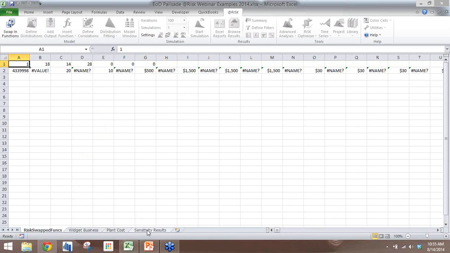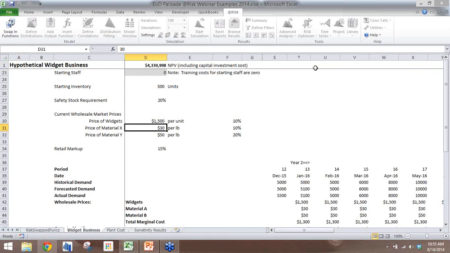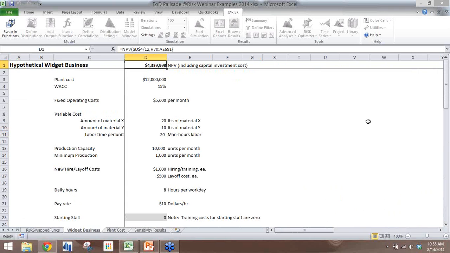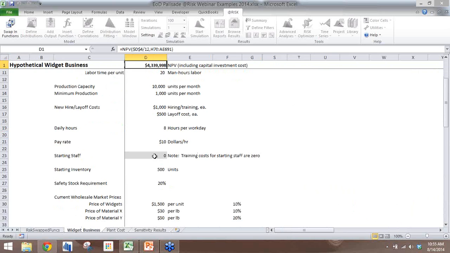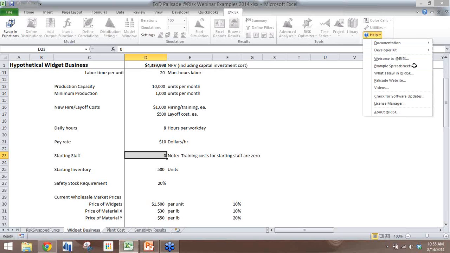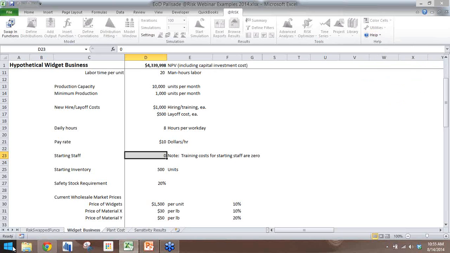And it then deactivates @RISK. So I'm back here at my $4.3 million. When we optimize, we're going to do it against this particular variable here, the starting staff of my manufacturing plant. What I'm going to do here then is actually go to @RISK. I'm going to save this.